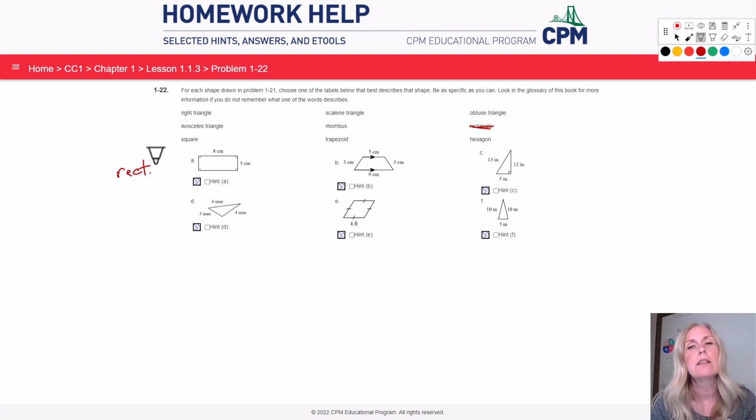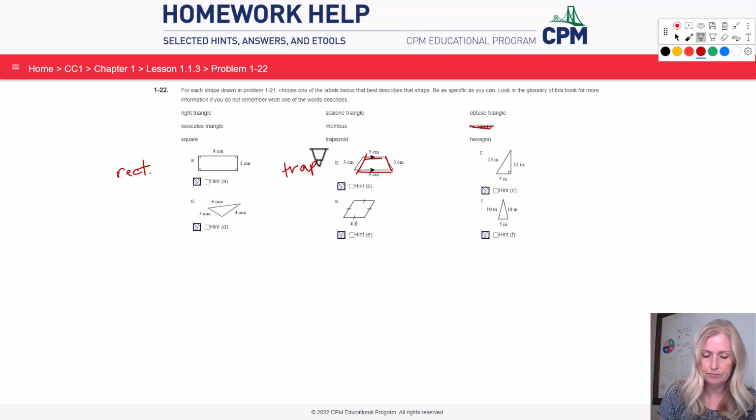B, if you don't know what that is, I will let you know. It's a trapezoid. The very definition of a trapezoid is, well, we know there will be 4 sides, but only one pair of the 4 sides will be parallel. So as you can see, these 2 are parallel. These 2 are not. So that is a trapezoid. C, it's definitely a triangle.